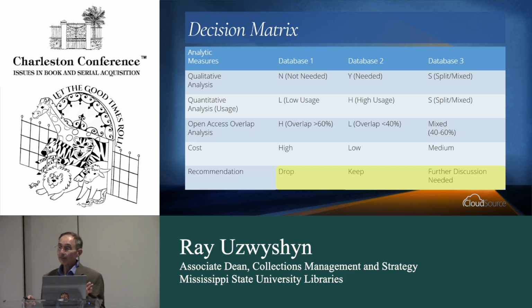The quantitative analysis might say low usage, not being used. The overlap analysis might say greater than 60% overlap. Well, already you're seeing the trend here. The cost is high. It's an easy recommendation to make, and it's not going to cause a lot of problems for you on the librarian end to drop the database.